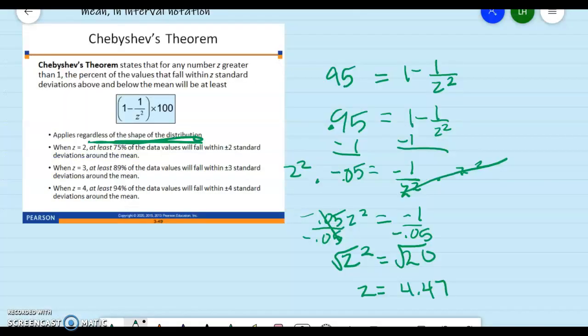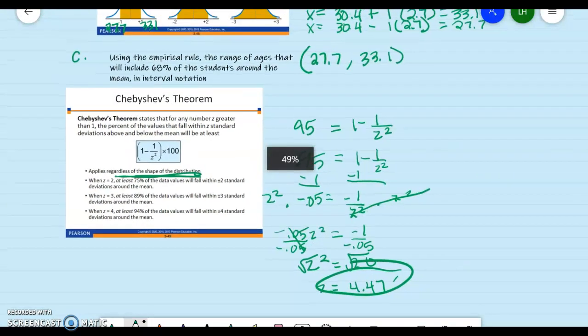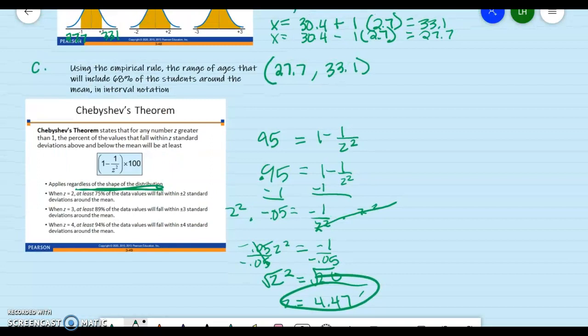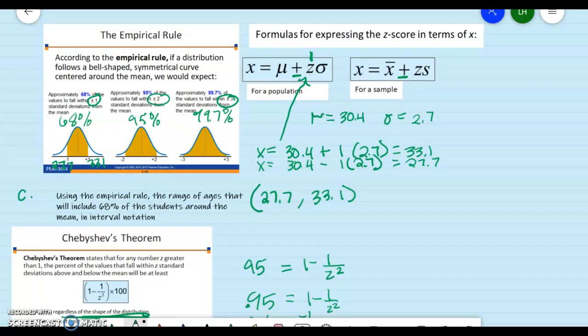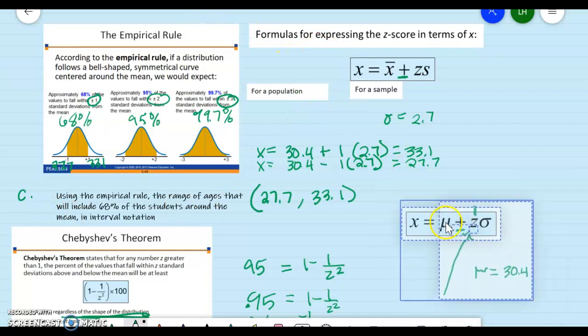But that's just z. Now we have to take z and plug it into our formula. Remember your formula up here? I'm going to move it down here for us.